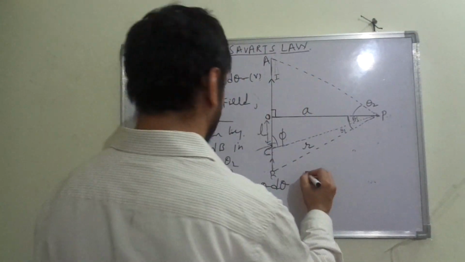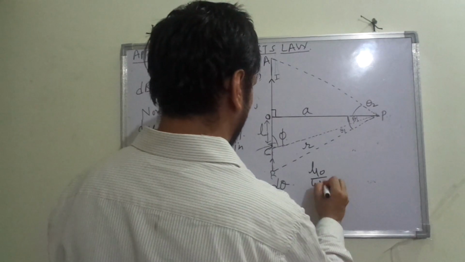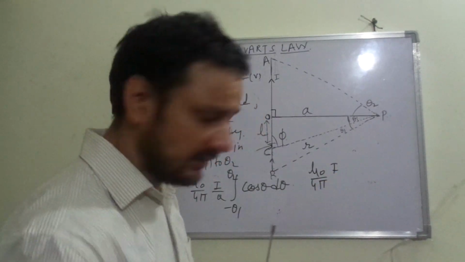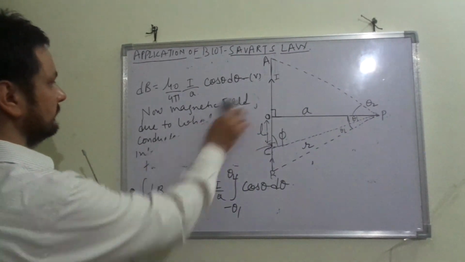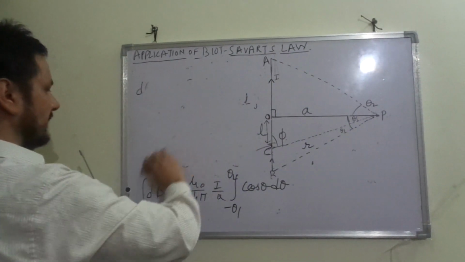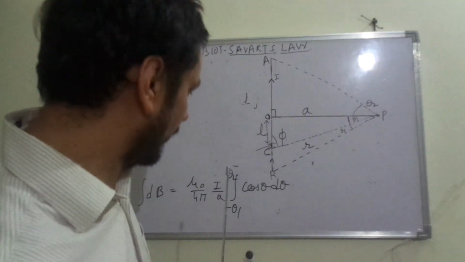Now we get mu naught upon 4 pi I upon A. The integration of cos theta is just sin theta.